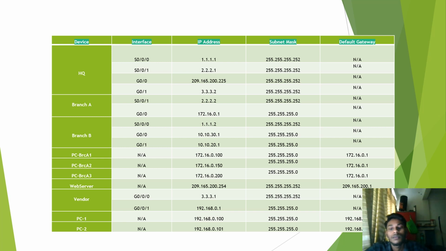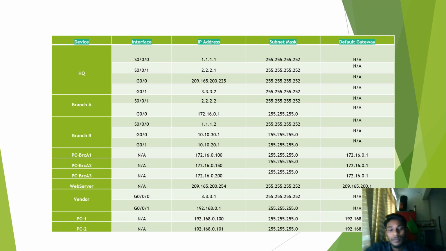Web server IP address 209.165.200.254, subnet mask 255.255.255.252, and the default gateway is 209.165.200.1. The vendor's IP address 3.3.3.1, and the subnet 255.255.255.252, and interface 0/0/1.